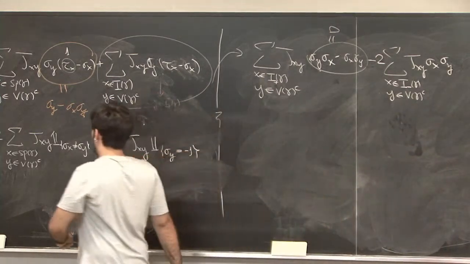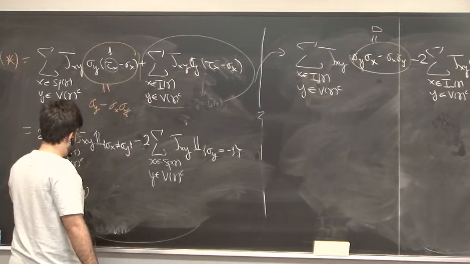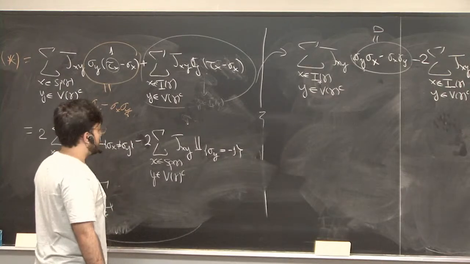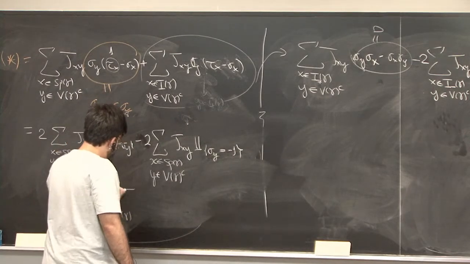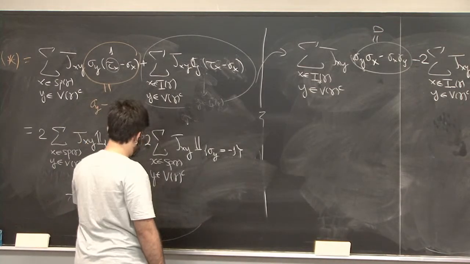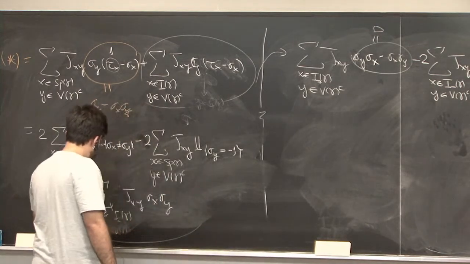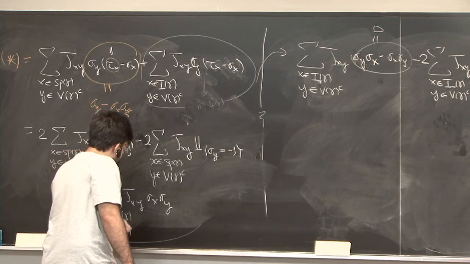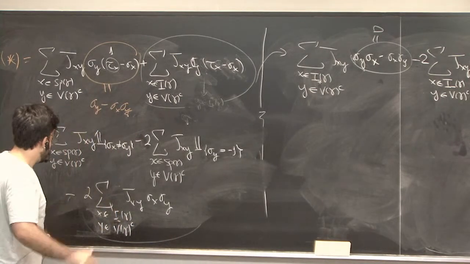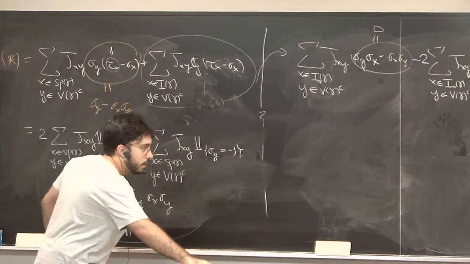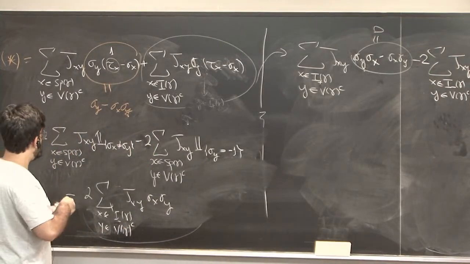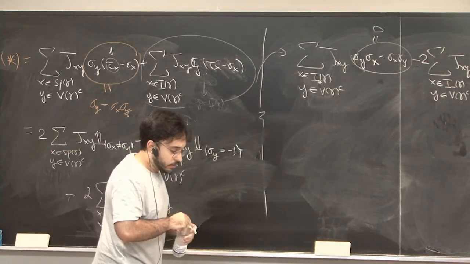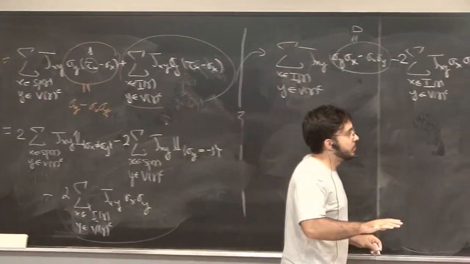So this quantity will be equal to minus 2 sum of x inside the minus interior of gamma, jxy sigma x sigma y, y outside the gamma. Okay, so now I completely eliminated tau from the problem, but I got many terms, so now I will collect every single one of them.